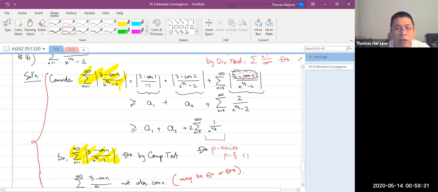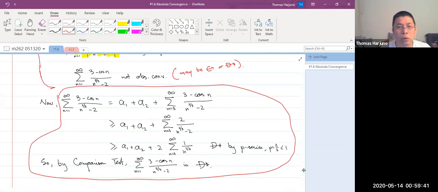I don't need that absolute sign. My inequality is still true. So I can use that idea to show that it is still divergent, even without the absolute sign. Okay, that's for number 16.